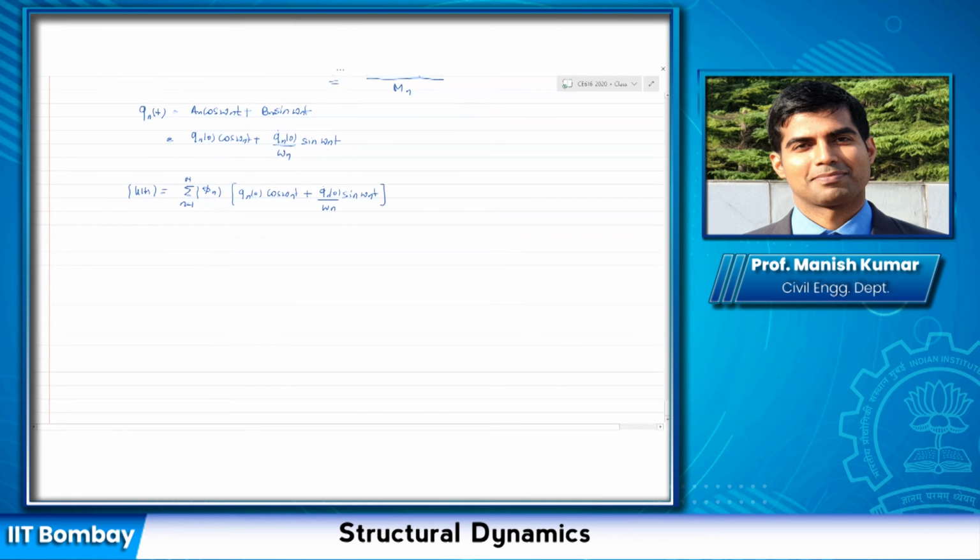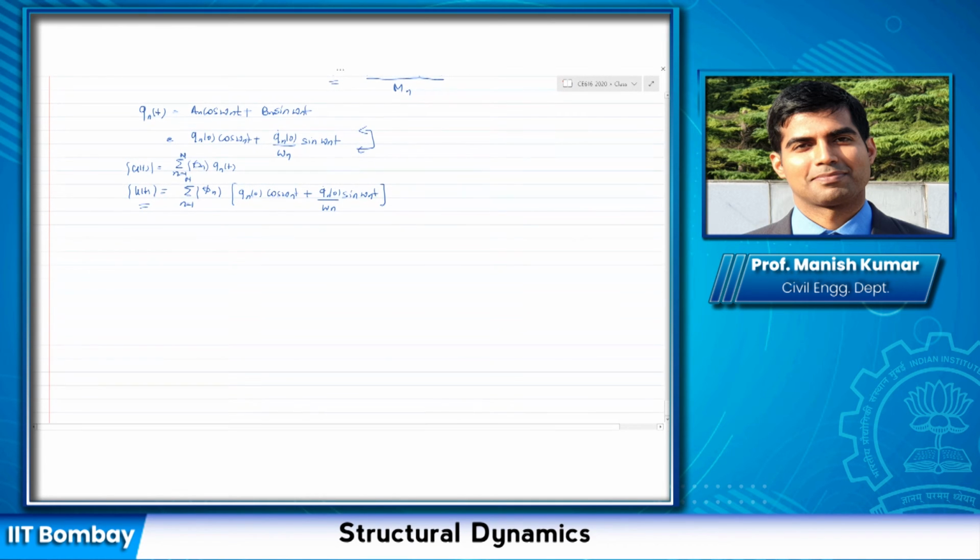I'm just substituting the value of qn t here. Phi n times, and then taking the summation from n equal to 1 to n to get the total response. Let me just first write it down so that you don't get confused. This is n equal to 1 to n phi n times qnt, which basically I've written below, and this is the expression for qnt.